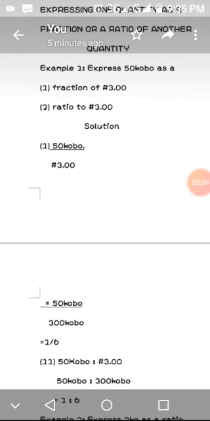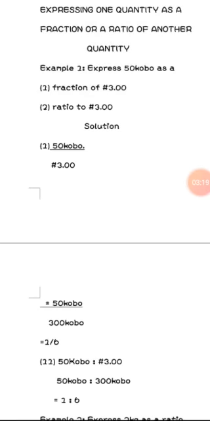Another thing you should look at when expressing a fraction or ratio: the two numbers involved must be in the same unit. In my solution, you will see that first of all, I wrote out my 50 kobo over my 3 naira. My 50 kobo is my numerator and my 3 naira is my denominator.